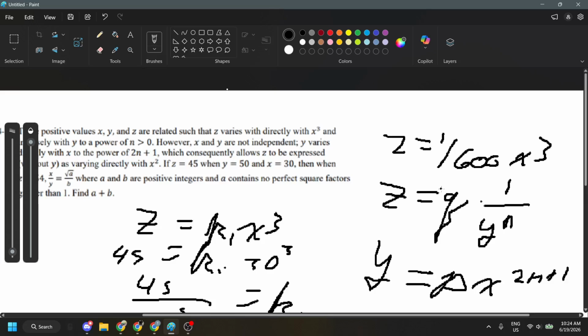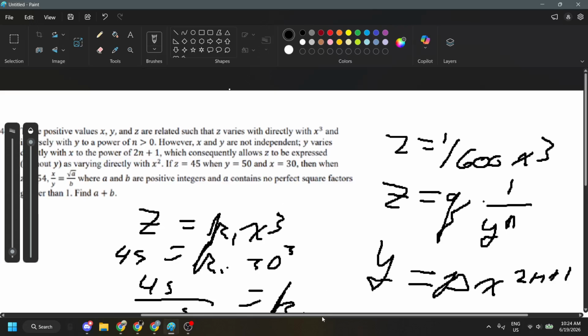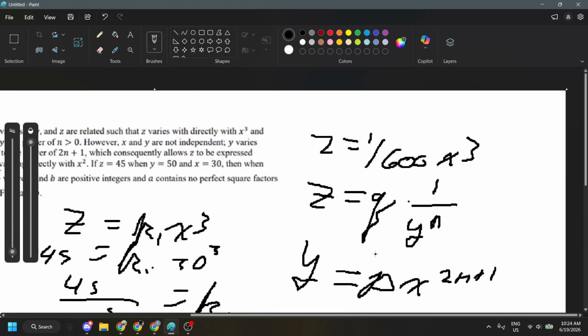So I don't get it, because if I were to replace this in here, just don't worry about the relationships, I'd have 1 over x to the 2n squared plus n.